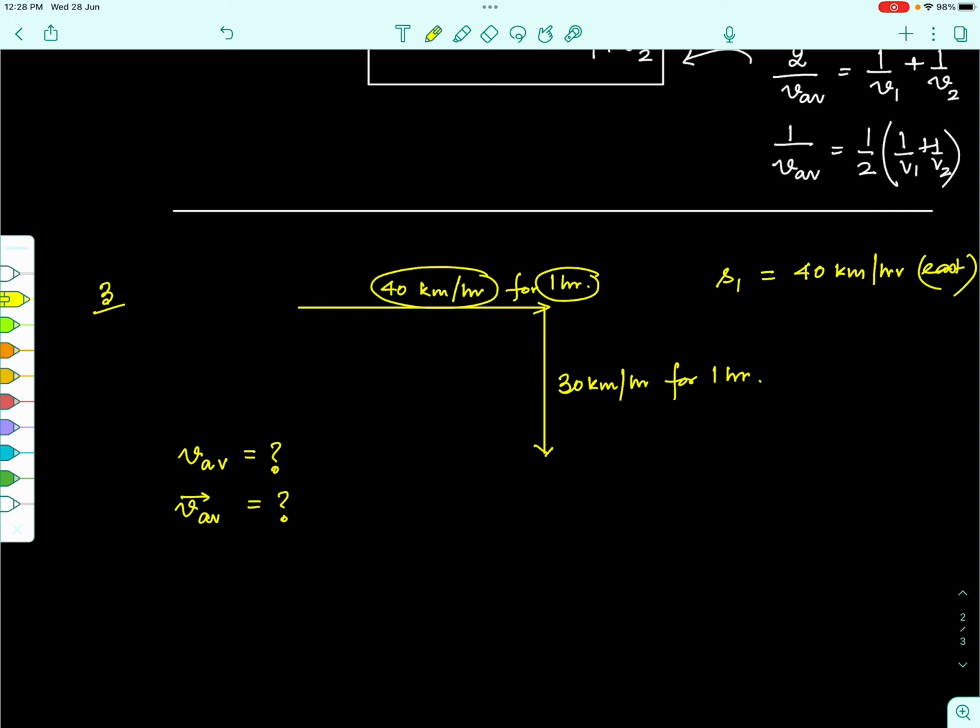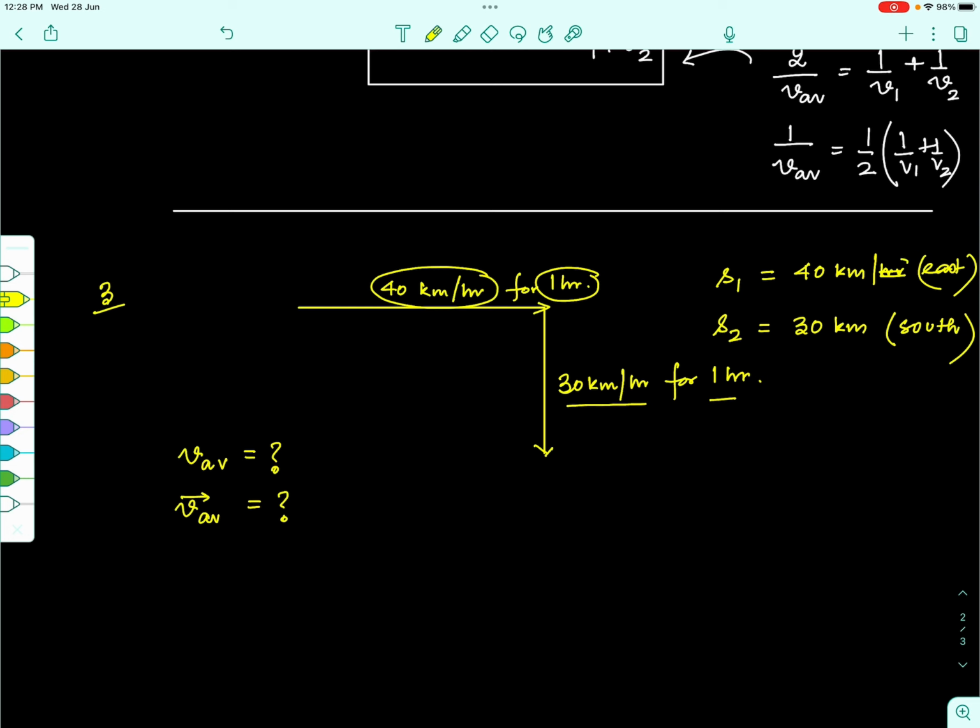Whereas the second motion is towards south with a speed of 30 kilometers per hour for 1 hour. So, the second displacement S2 will be 30 kilometers in the southward direction, right.